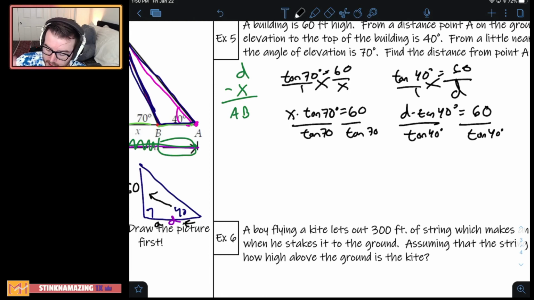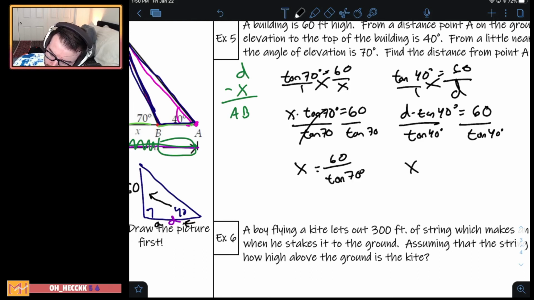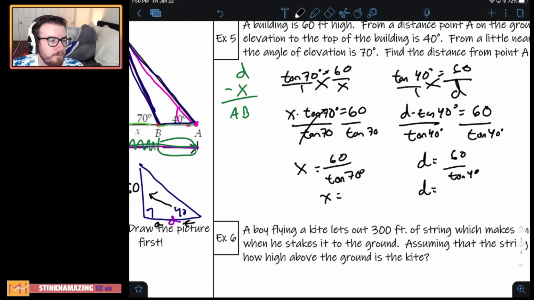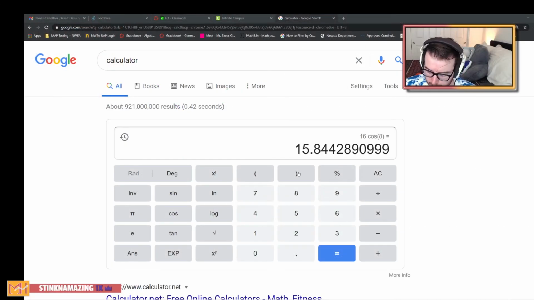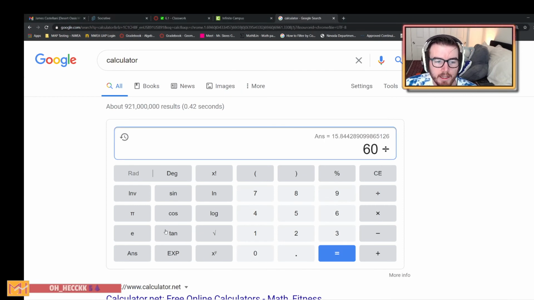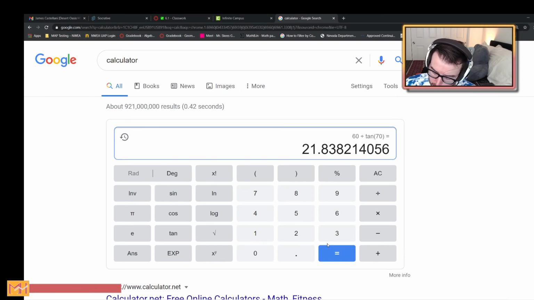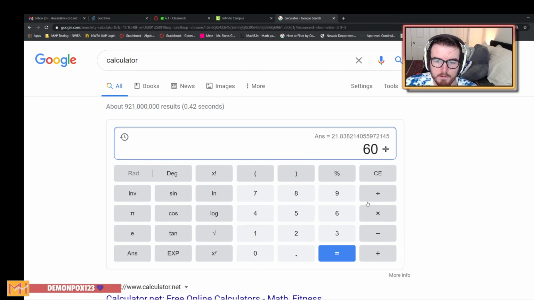You're literally dividing by tangent of 70, right? You got to write that whole thing down. So let's plug these both in. I'll switch so you can see it. 60 divided by tangent of 70 is 21.8, and 60 divided by tangent of 40 is 71.5.